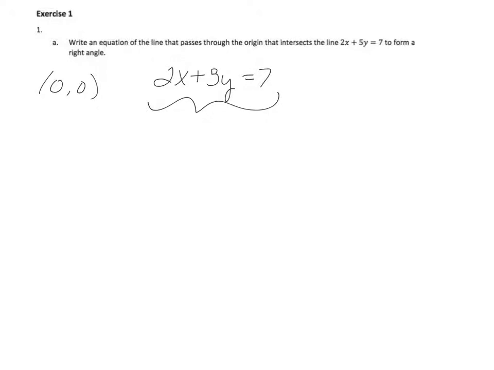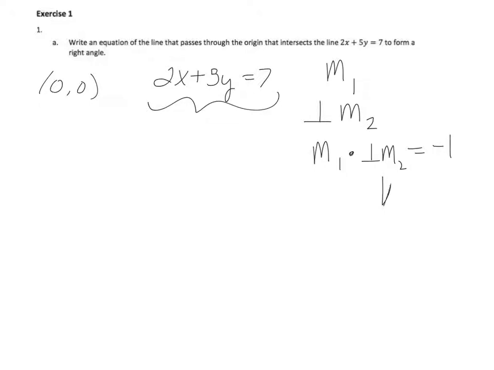We've talked quite a bit about the slope of one line and then the perpendicular slope of the other. If I multiply them together, the slope of one line times the perpendicular slope, I'll get -1.